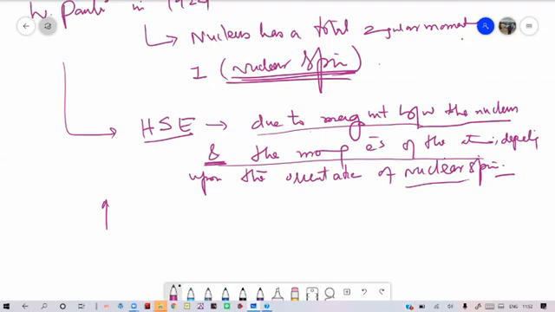So if this is B and you have the spin here, it will try to align. If it is close to this direction, it will be easily moved and the magnitude will be large. Whereas if the spin is in some other direction, it needs a lot of energy to be oriented along the same direction.